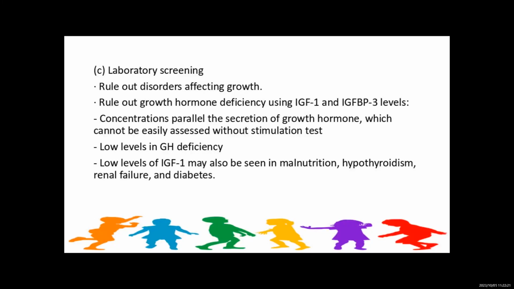Familial growth delay, familial short stature, we've learned already. But there are still other disorders affecting growth. Among them, it's important to rule out, in his case, for laboratory tests, the growth hormone deficiency. How do we rule it out? Basically by checking the levels of these specific parameters that we have here.